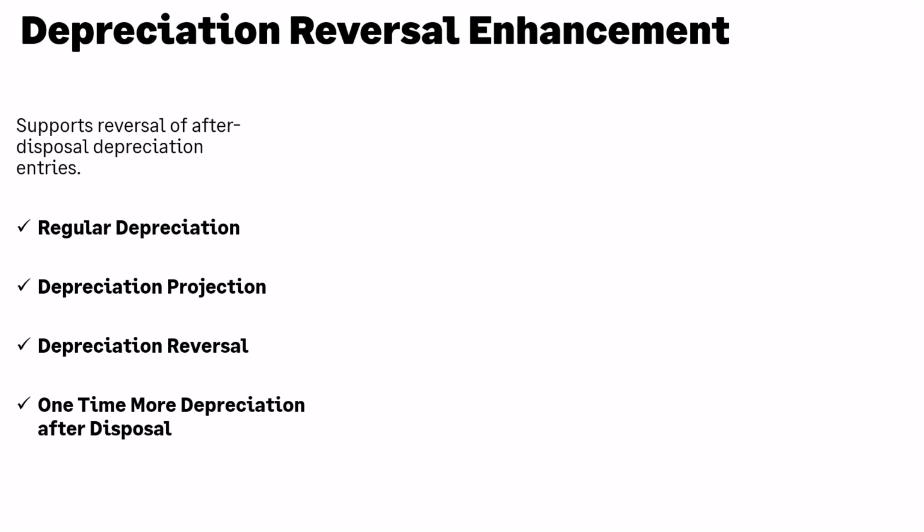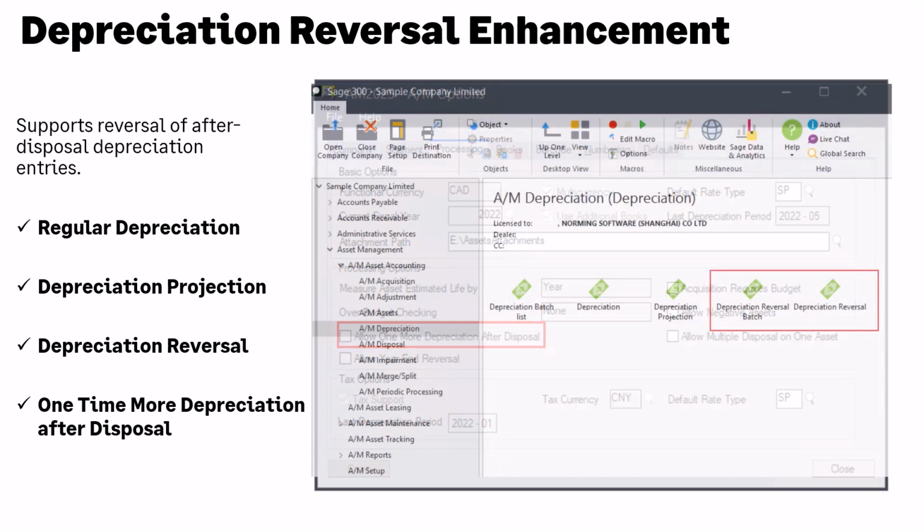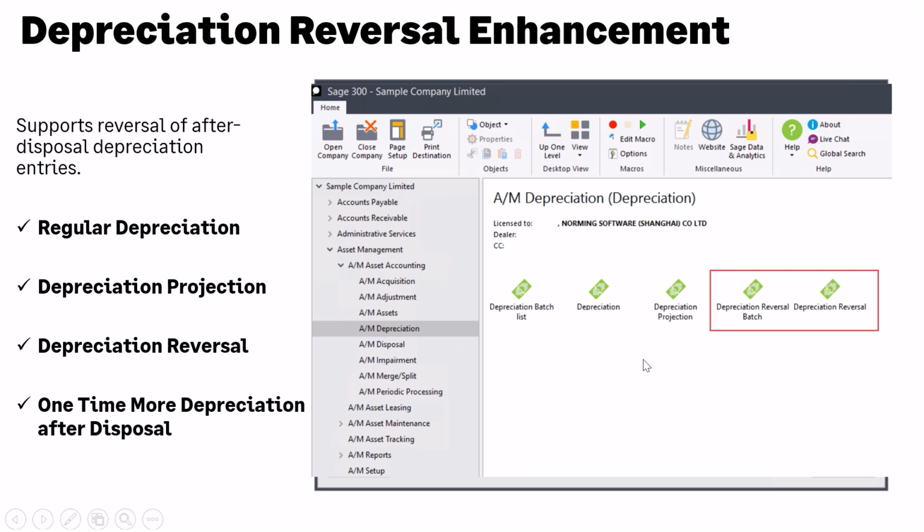Of course, to use this one more time ability, you need to select this option in global option, then use the depreciation function to run the one more time, right? And this enhancement is for reversing the one more time depreciation result. In previous versions, this could not be done, but from this version, it is supported.